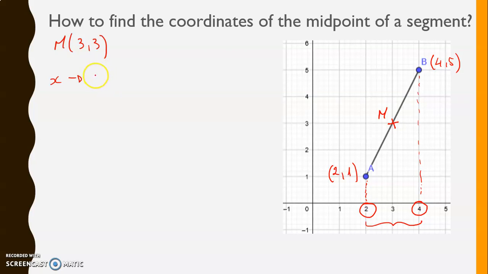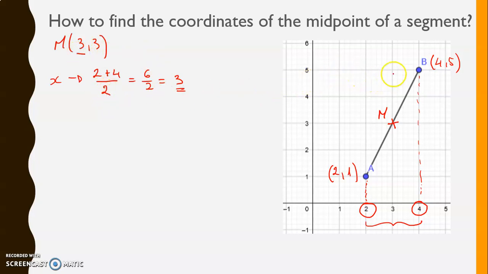Remember, to work out the mean, you add up the values and divide by how many there are. So in this case we have 2 values, 2 plus 4, and we divide by the number of values, which is 2. So 2 plus 4 is 6, and 6 divided by 2 is 3. And this is our x component of the midpoint.